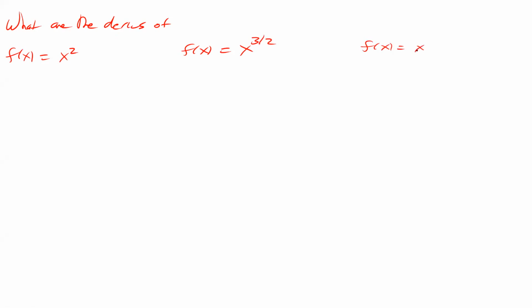So I want you to tell me how you would calculate the derivative, or what is the derivative? What are the derivatives of f of x equals x squared, f of x equals x to the 3/2, and f of x equals x to the square root of 2? So what are the derivatives?